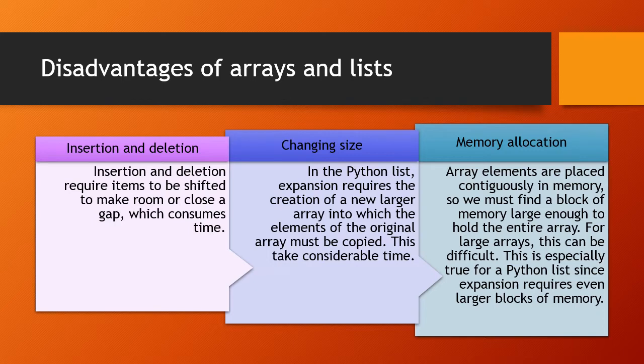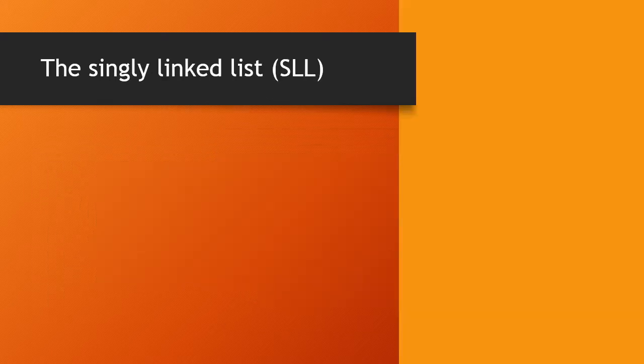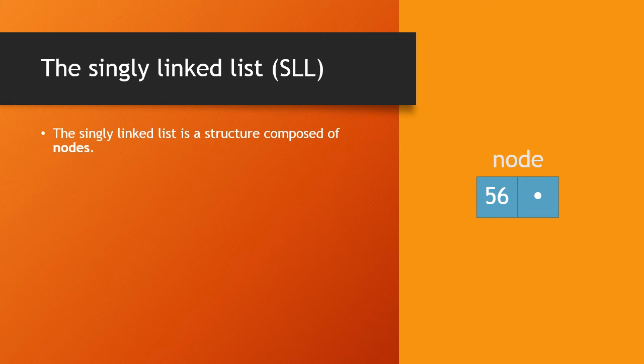This is especially true for a Python list since expansion requires even larger blocks of memory. So this motivates us to look for other data structures, and the first one we come across is the singly linked list. The singly linked list is a structure composed of nodes.